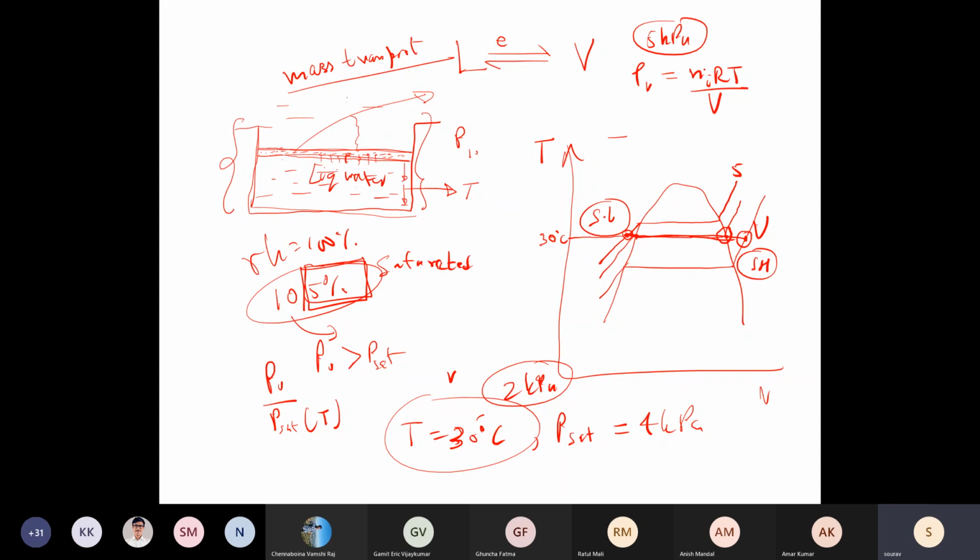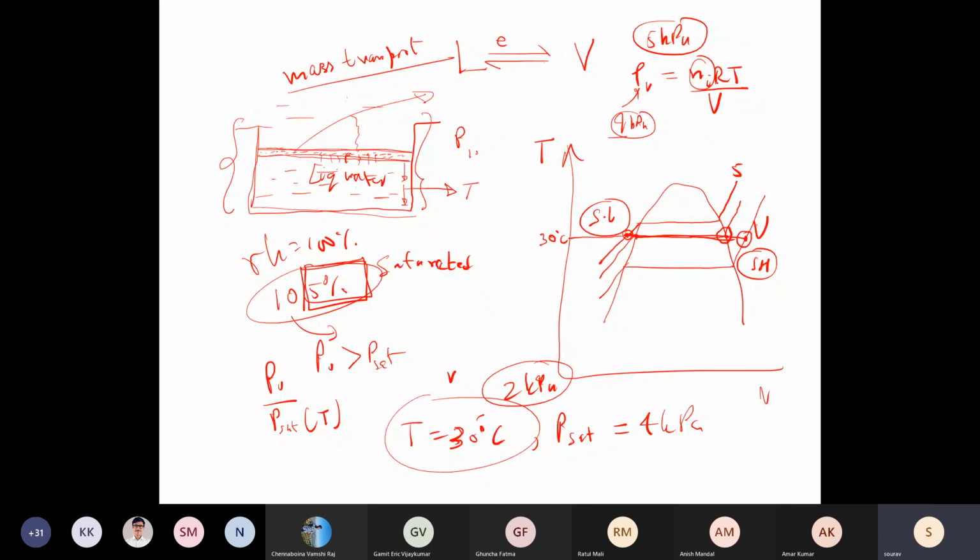So you get the number of moles initially, and finally it is 4 kPa again, because RH equals 100% is the maximum, the condition at which your air can actually hold the water vapor. So again, you plug in 4 kPa here, you will get some other number.